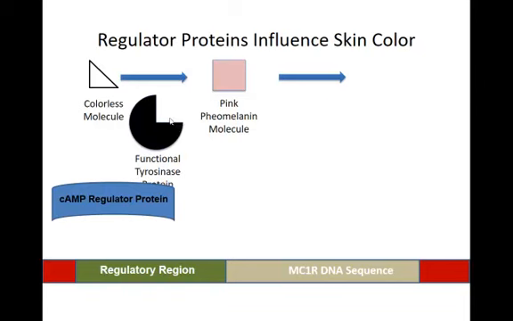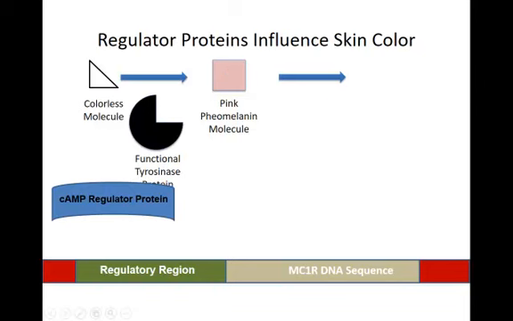So we've talked a lot about the TYR gene that codes for this maybe functional tyrosinase protein. If that gene codes for a functional tyrosinase protein, it will take a colorless molecule and convert it into a pink phospholaminin molecule.